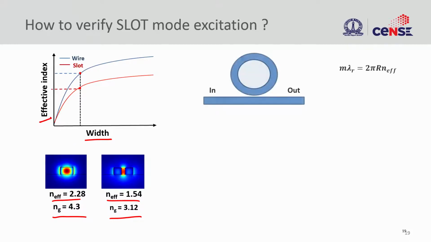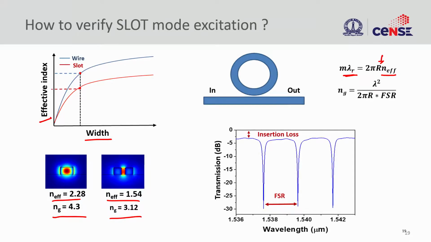And now we can make a very simple cavity here, a ring resonator, and we know this ring resonance depends on the effective refractive index, right, and the radius is fixed in this case. So, the effective index of this ring is going to determine the resonance here, and we can go back and see what is the spectral response here, and from the spectral response we can find the group index.